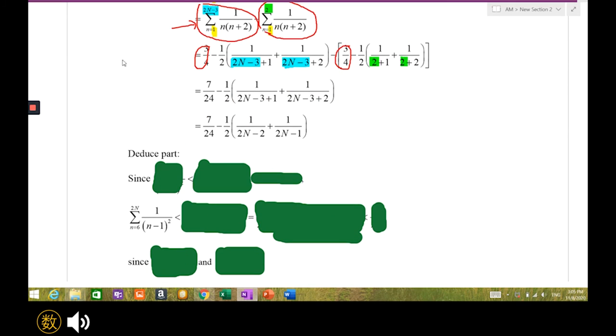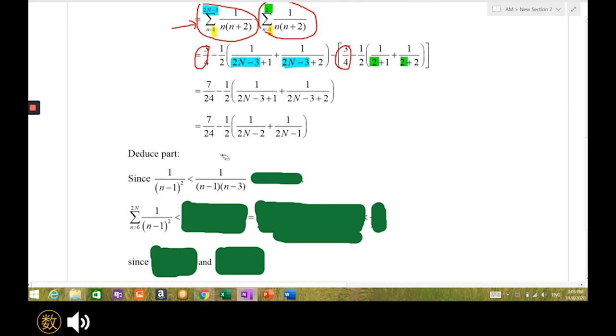You just have to observe that if you compare the general term 1 over n minus 1 squared with the given general term 1 over n minus 1 times n minus 3, the latter term is actually larger because the denominator is smaller, and that yields a larger fraction. This is true for any n value that is at least 6, as given by the question. So if you sum up term by term from 6 to 2n, this inequality follows suit as well.